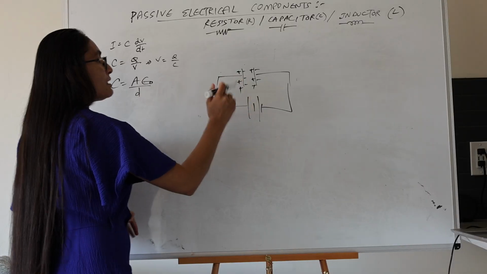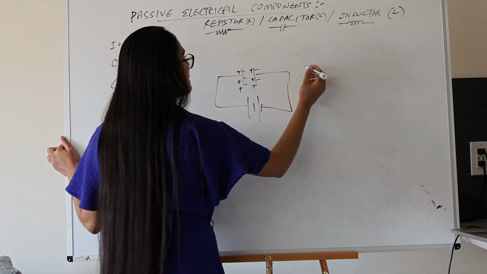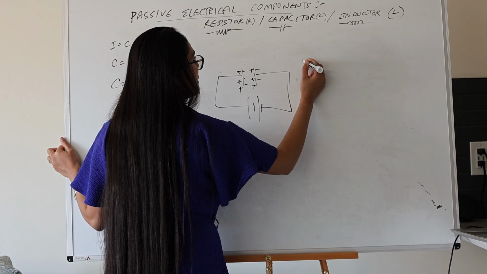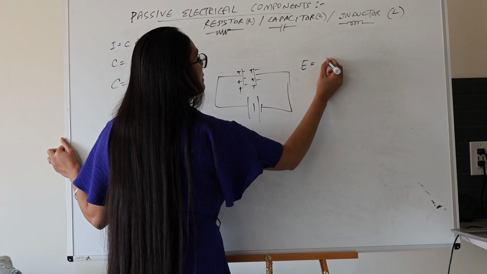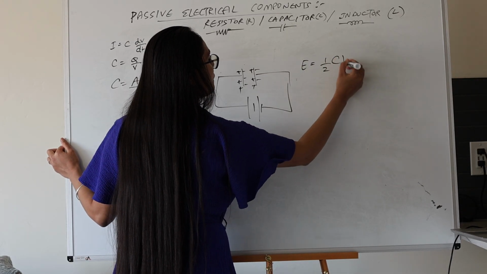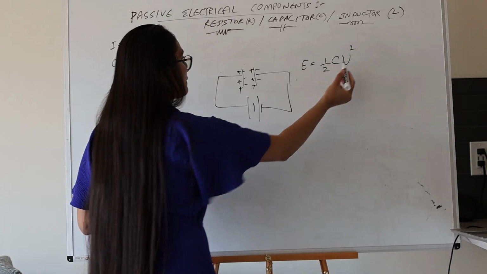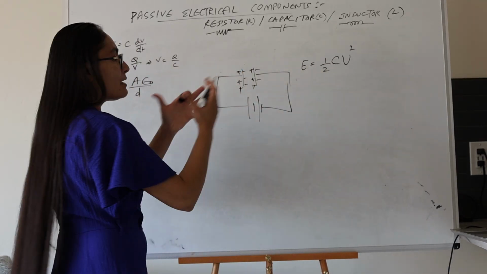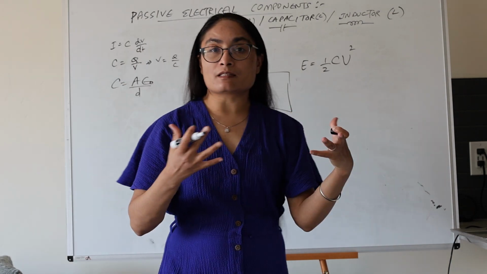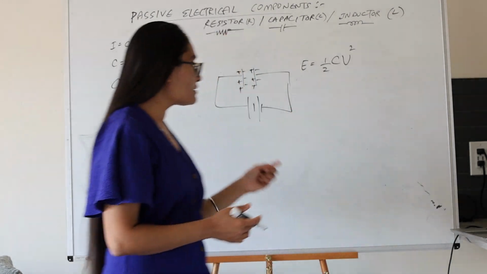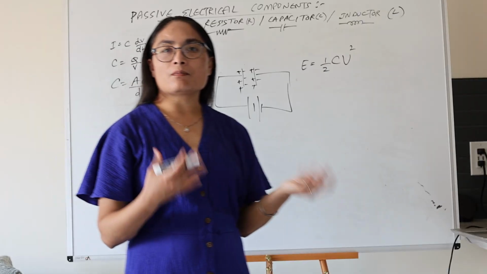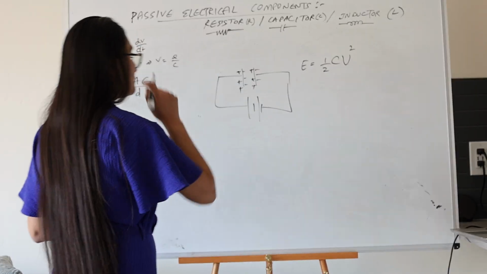The energy stored inside the capacitor is given by, let's call it E, half CV squared, where C is the capacitance of the capacitor and V is the potential difference induced inside the capacitor as a result of the electric field applied around it.